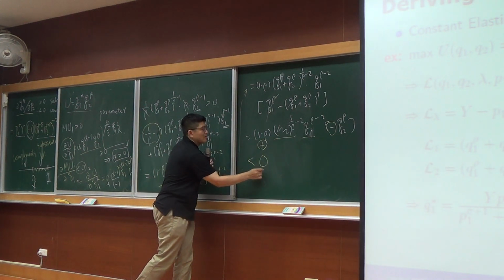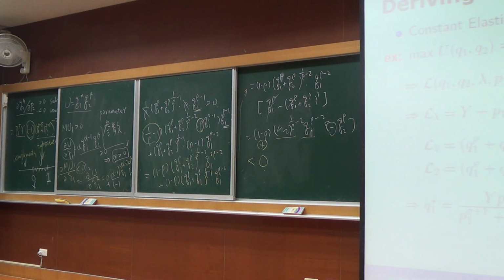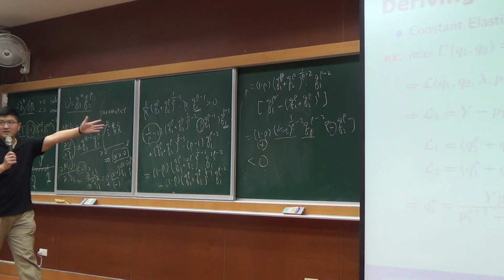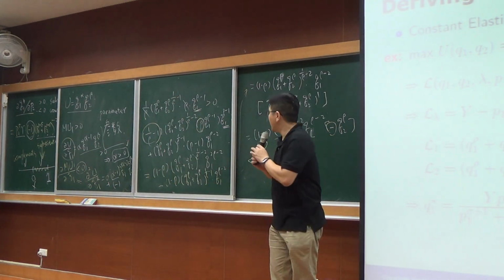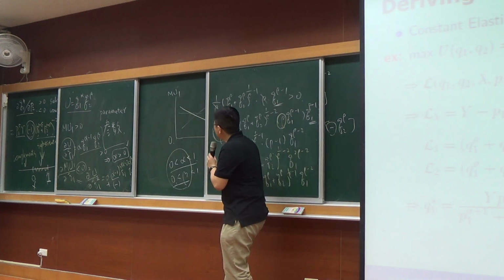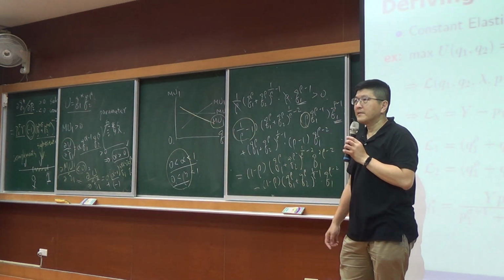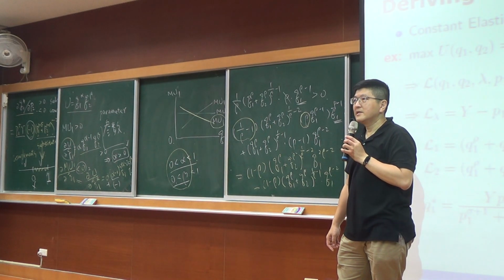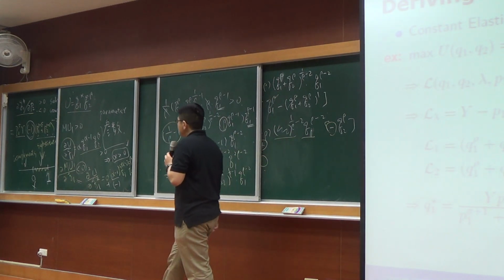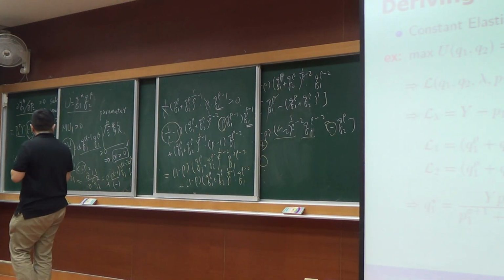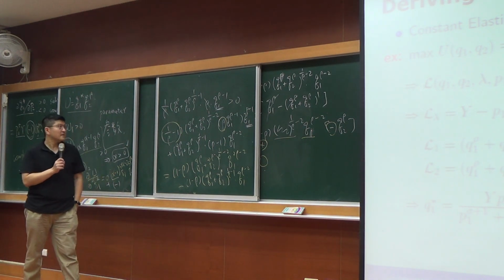So automatically, no matter whatever rho is, CES satisfies a positive marginal utility and a decreasing positive marginal utility. Okay? Is that clear?